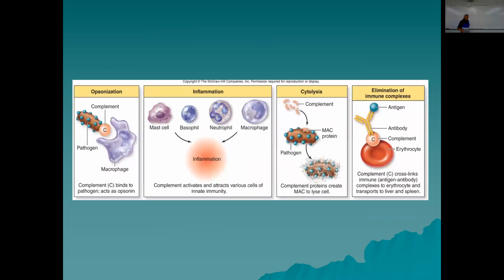And here's, just repeating on the bottom of page 868, the 4 ways that complement helps to protect your body against foreigners: opsonization, increased inflammation, cytolysis, and elimination of immune complexes.